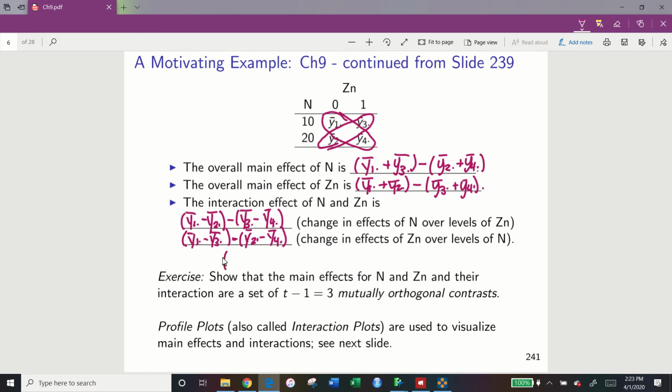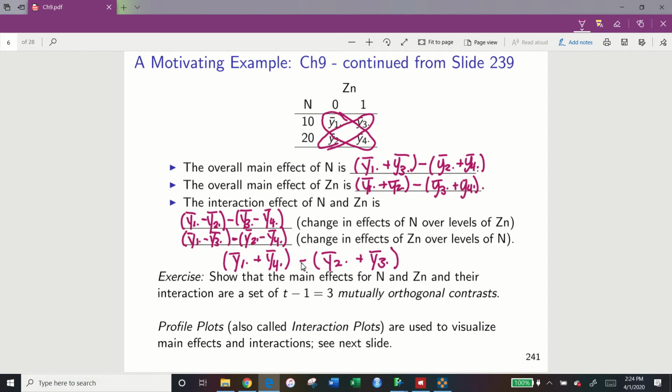Or in other words, y1 dot bar plus y4 dot bar, which is both at our high or low level, compared to our combination, y2 dot bar plus y3 dot bar.